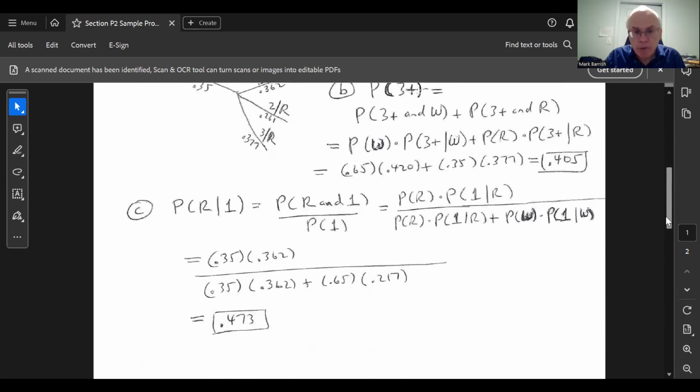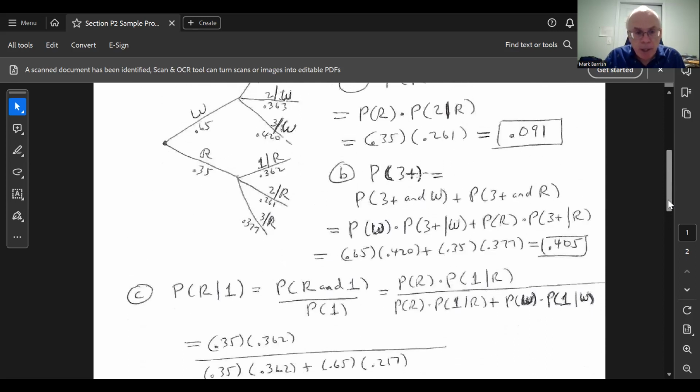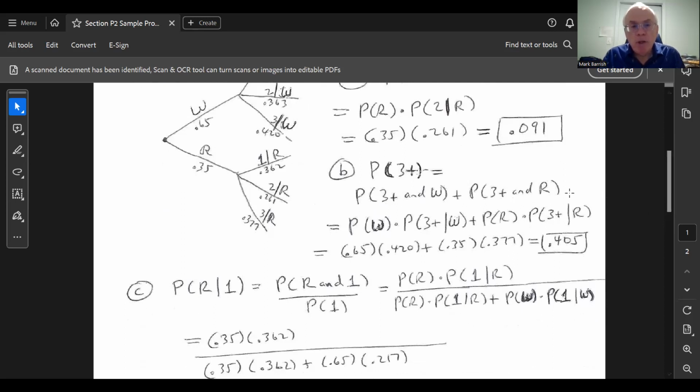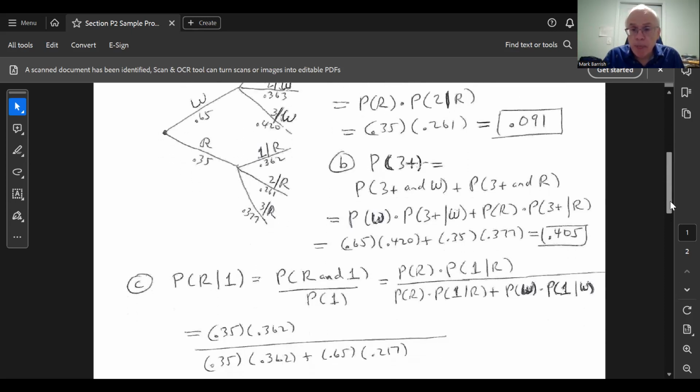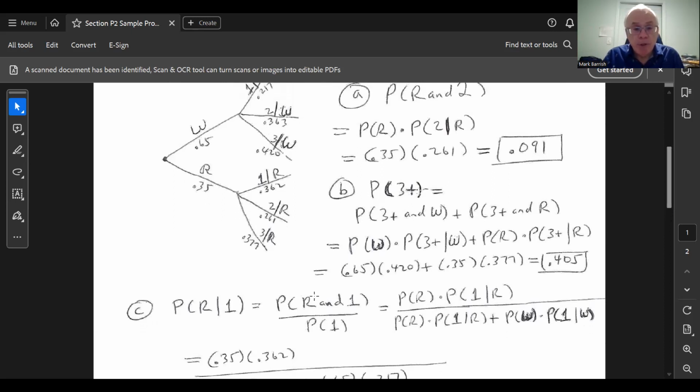Now the third one said, what's the probability, if you know that the housing unit only has one person, that it's being rented? That's really what is being asked here. Now, this is very interesting. This is where Bayes' rule comes in. All right, because the formula sort of has to be used here a little bit.